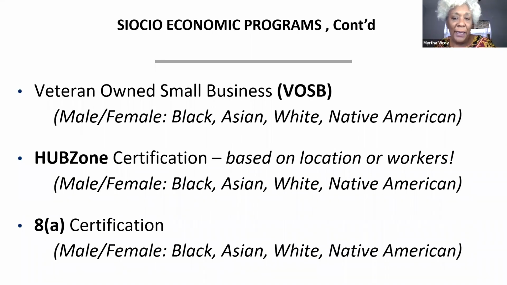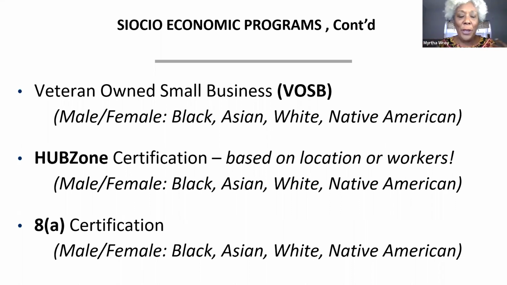So the HUBZone, again, like I said, is based on location or workers, and you can be anything and qualify for HUBZone. Location means your business is physically located there, not a virtual address. Your local business tax receipt is registered there, your SAM.biz is registered there, and that's where you manage your business.